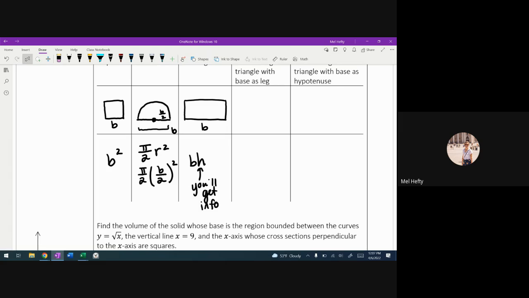So I'm going to square this 2, get 4, and multiply it by that 2 to get pi over 8 b squared. If you have room in your noggin for a formula, that tends to be a pretty useful one because semicircles are a pretty popular cross-section.